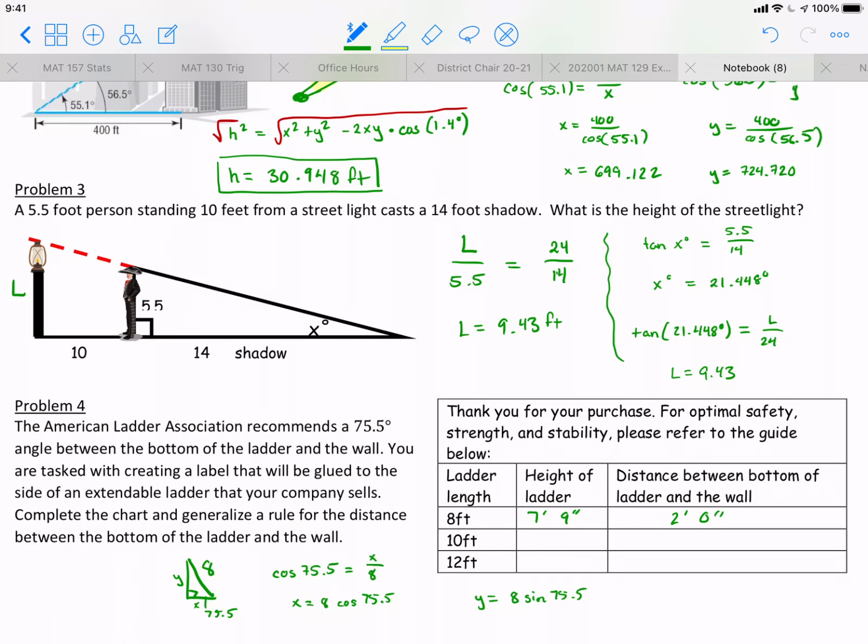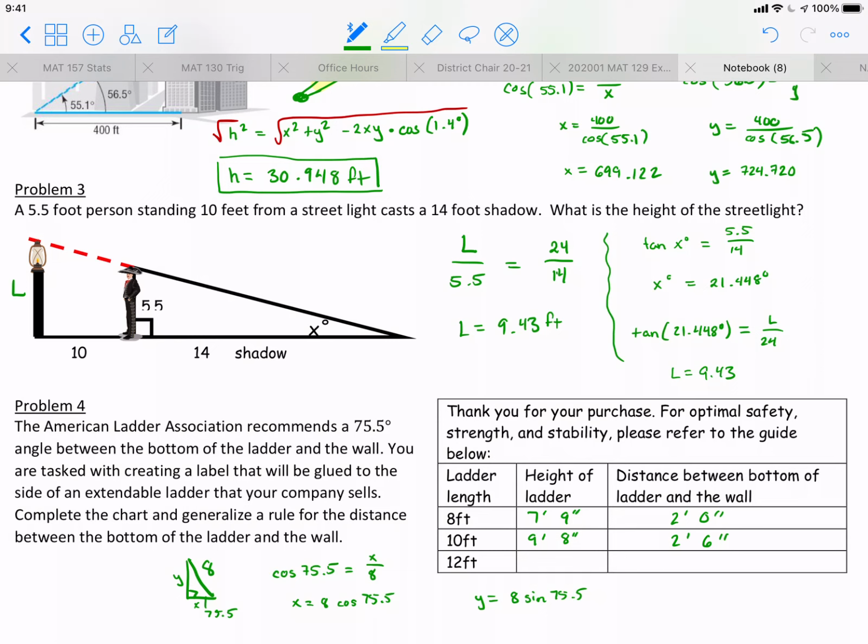For the next one, it's 2.5 feet. So that would be 2 feet 6 inches. I'm rounding to the nearest inch. And then 9.68. So that would be 9 feet, 0.68. I'll round to the nearest inch. So that would be 8 inches.